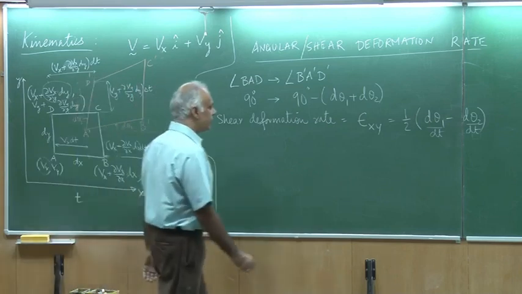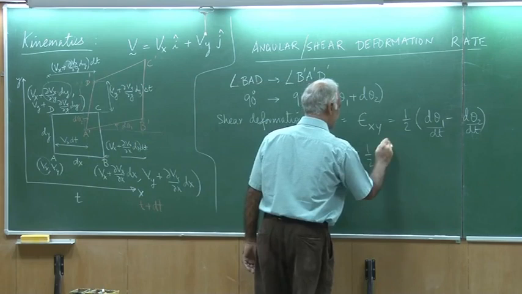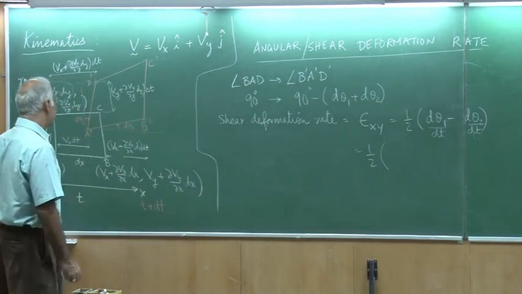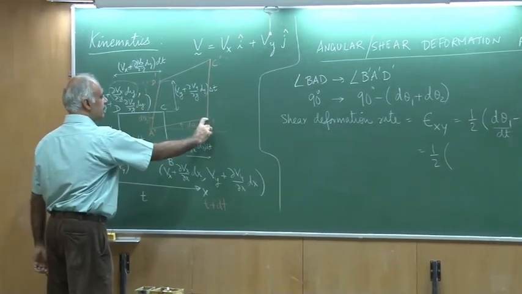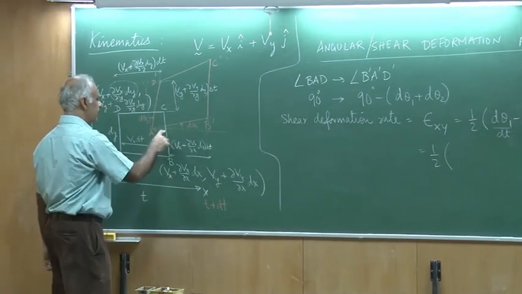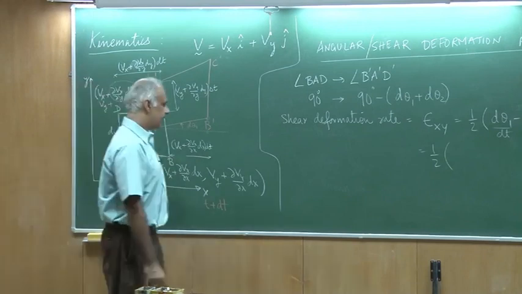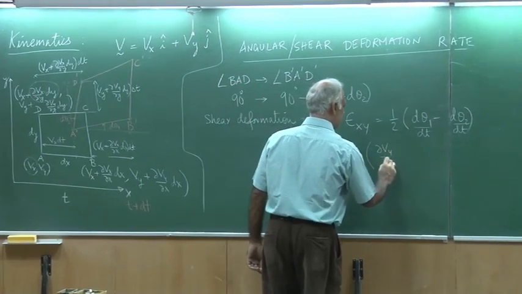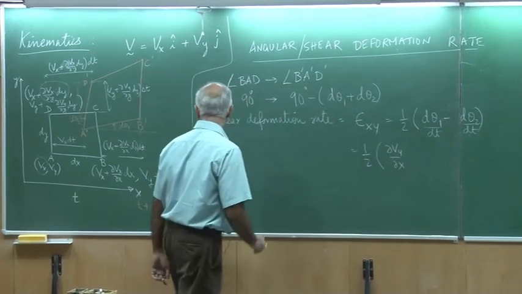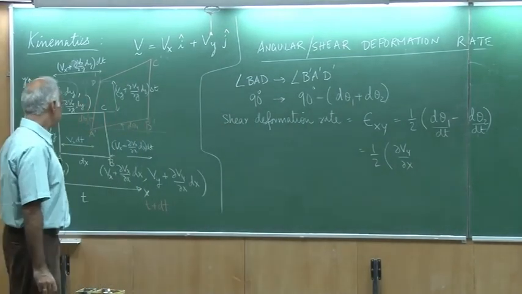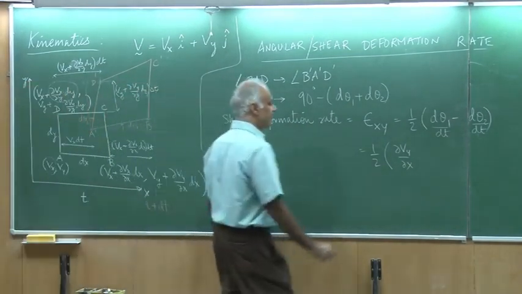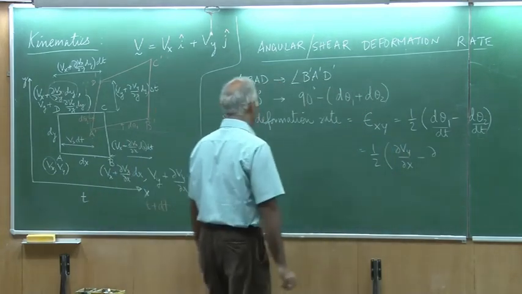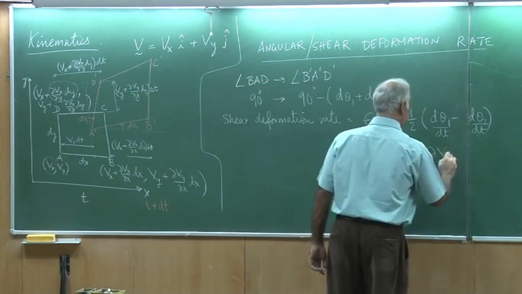So, I could straight away write these down as half of, if you recall, this d theta 1 was because of the differential in the y velocity at the point B versus the point A, and that is simply given as del Vy by del x, and this quantity here was given as minus del Vx by del y.